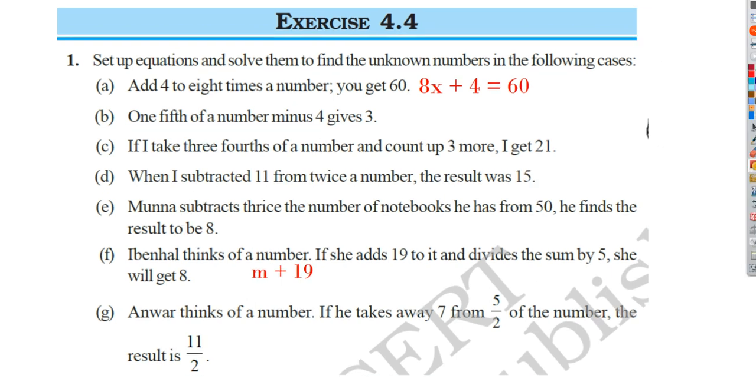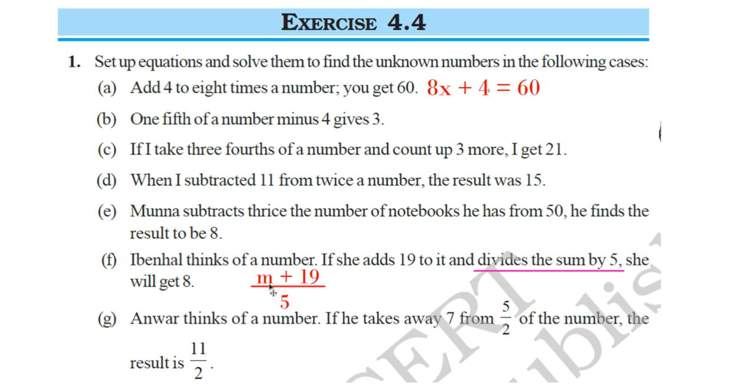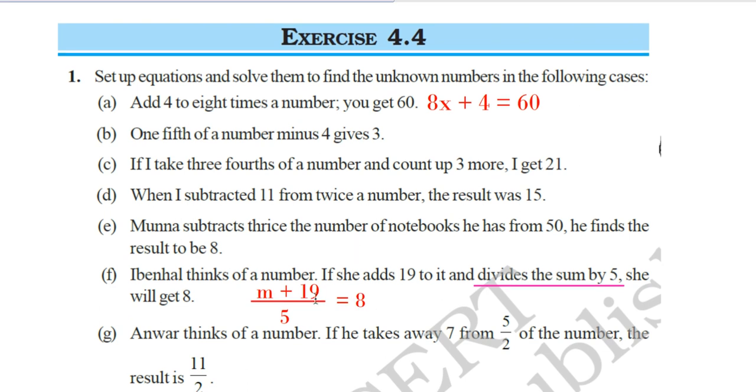Now we have to divide the sum by 5. That means this total sum you have to divide by 5. You can write it as m plus 19 whole divided by 5. Then what will you get? We'll get 8. So the equation you can write is m plus 19 by 5 is equal to 8.